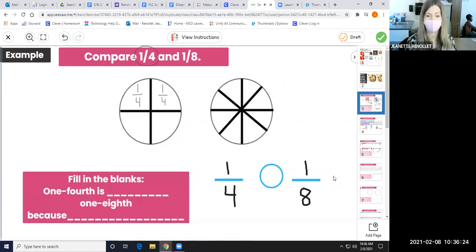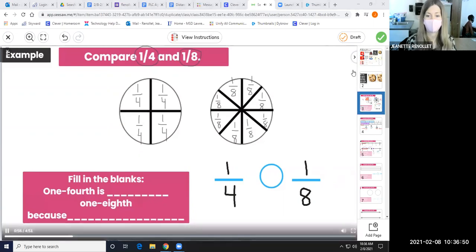The unit fraction always has a numerator of 1. Perfect. On the right model, I will partition and I will label with the unit fraction of the given fraction on the right. I see I'm partitioning into 8, so each part will be labeled with the unit fraction.